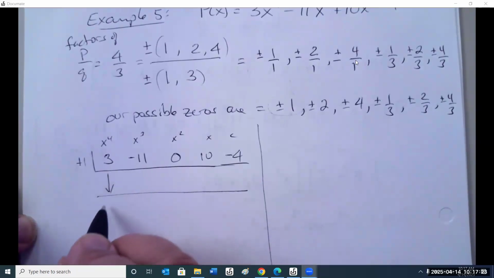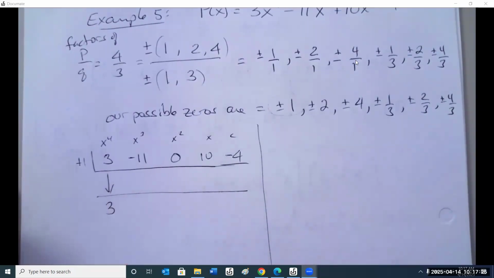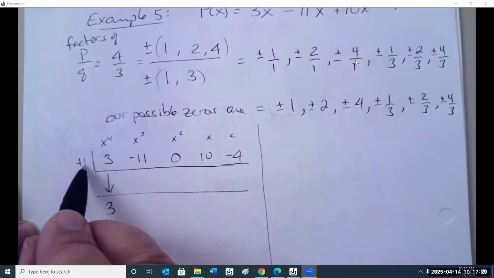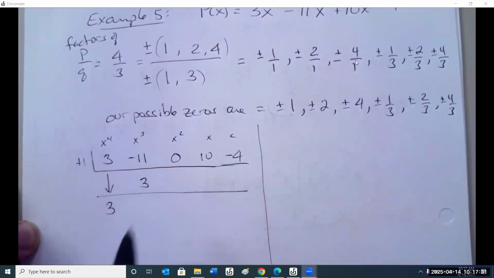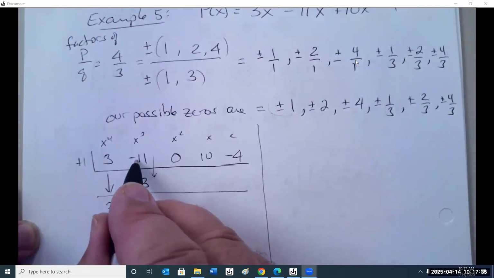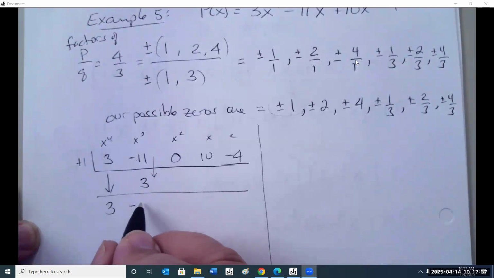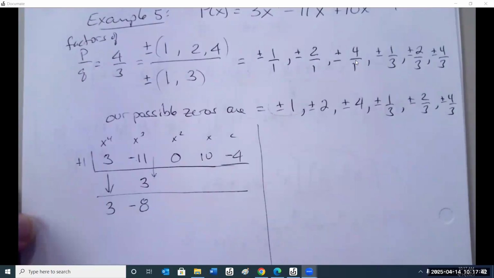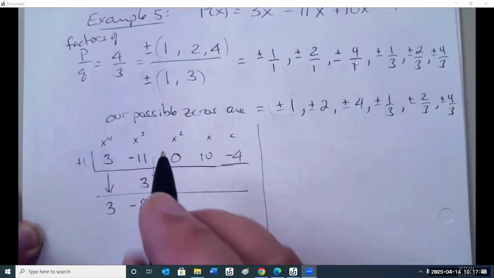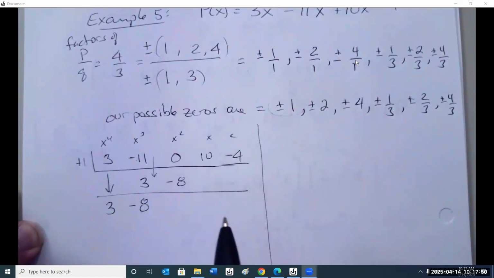Bring down the first one. Now multiply. 1 times 3 is 3. Add straight down. Negative 11 plus 3 is negative 8. Then multiply again. 1 times negative 8 is negative 8.